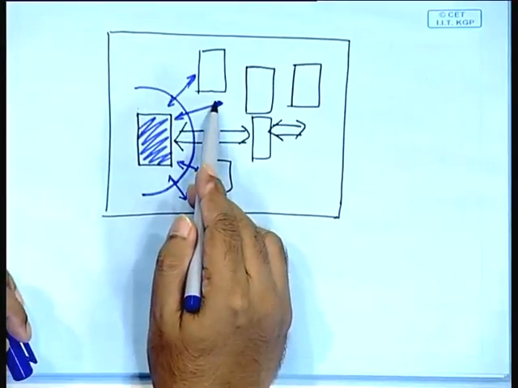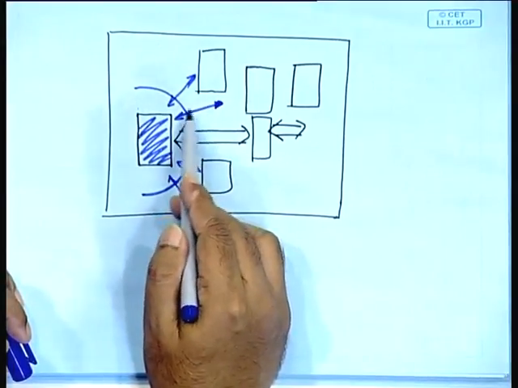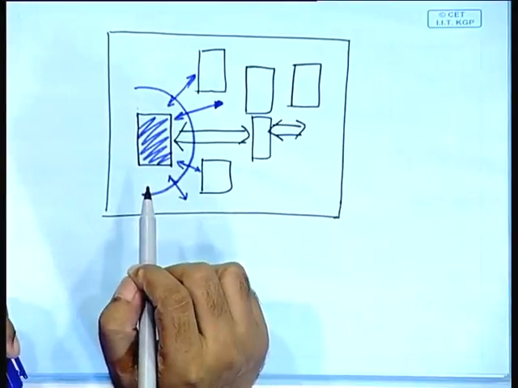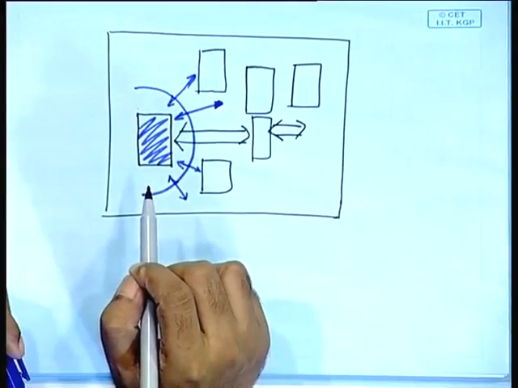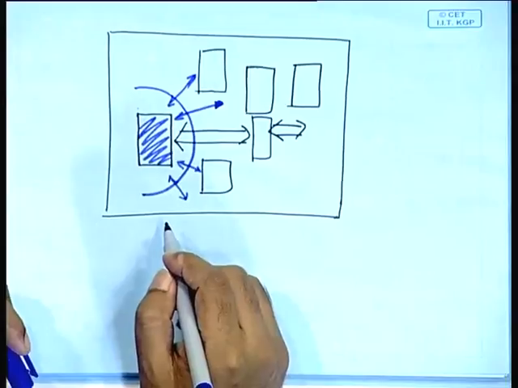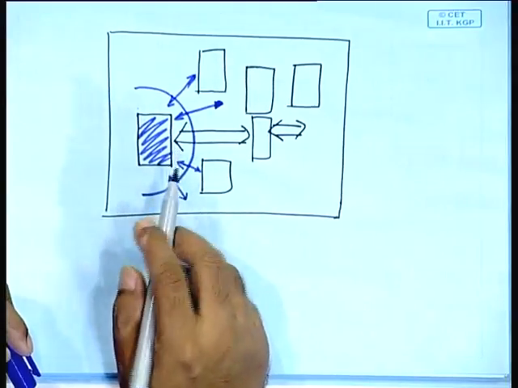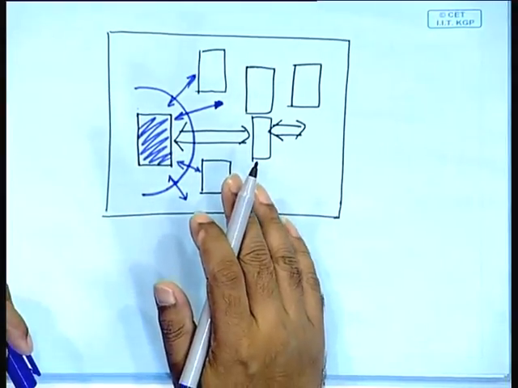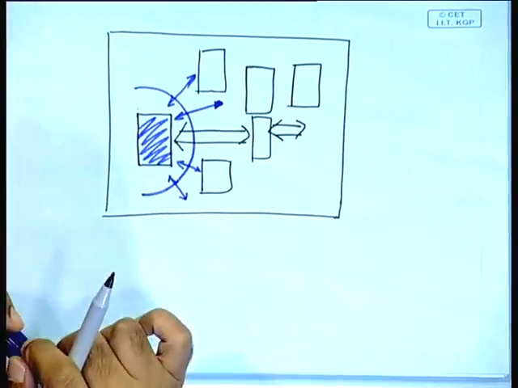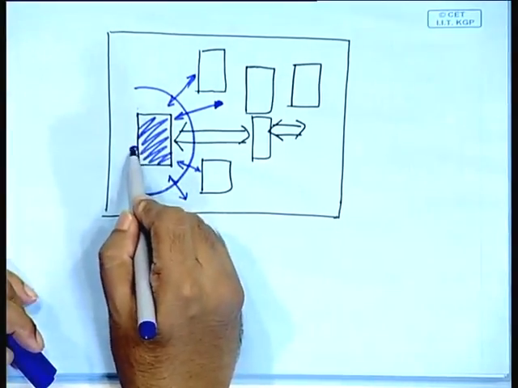Now, if you make the assumptions too strong, then what might happen is that you may be cutting out certain input scenarios which trigger your bug. Suppose there is a bug in the design.